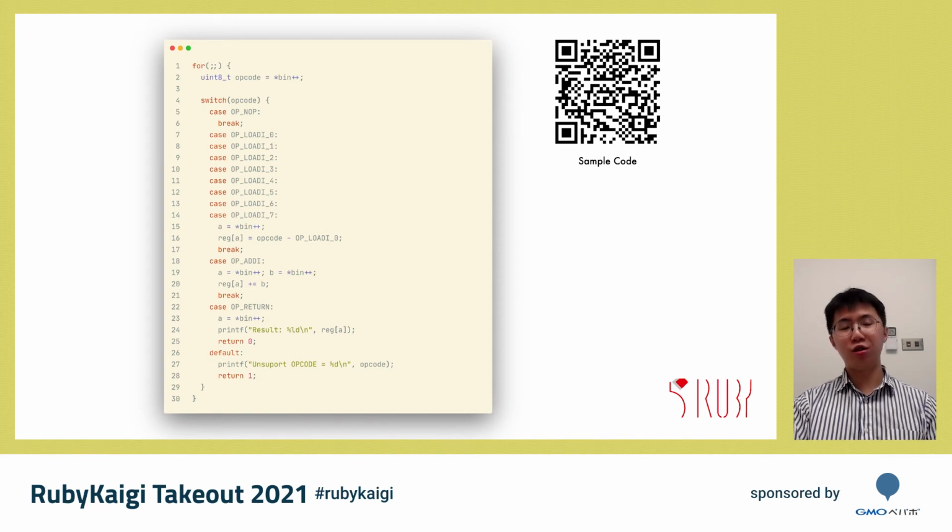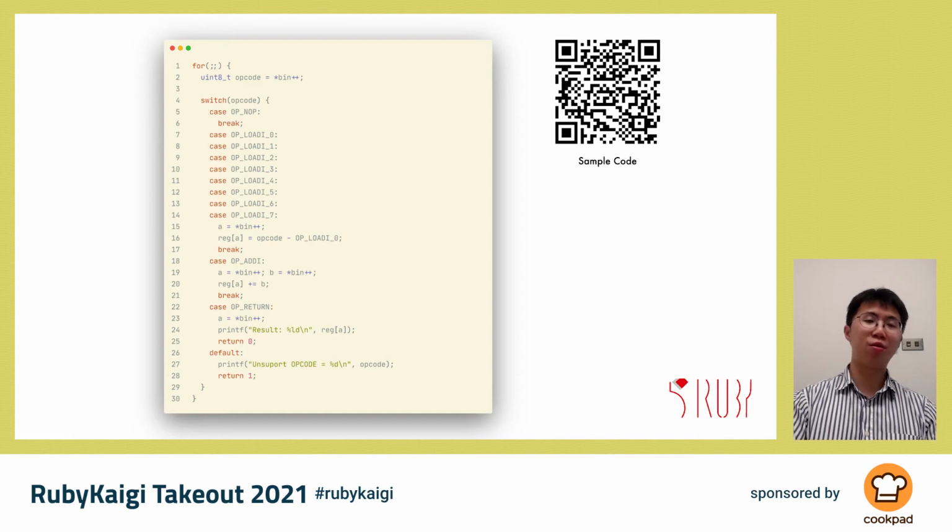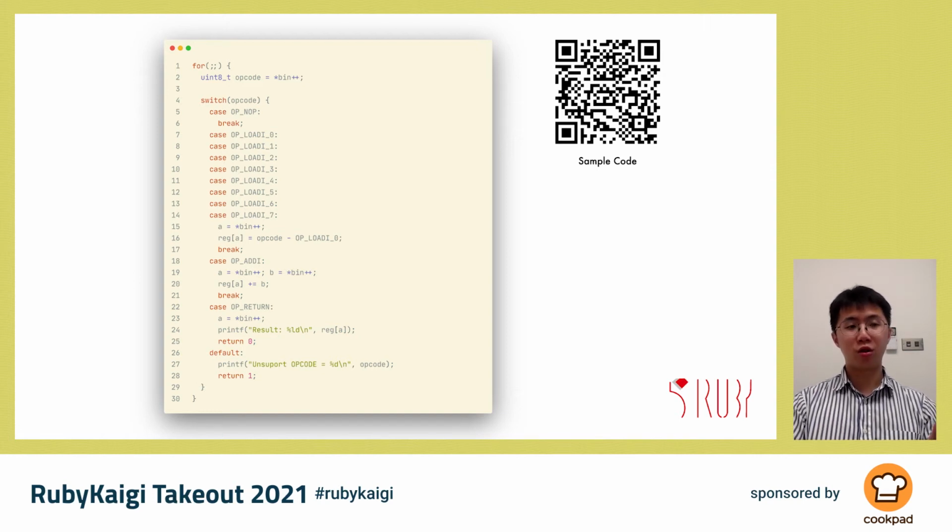So I think this is very easy for everyone because you do not need to learn how to write a compiler. We already have the mruby compiler, and we can just focus on how to make a virtual machine work.